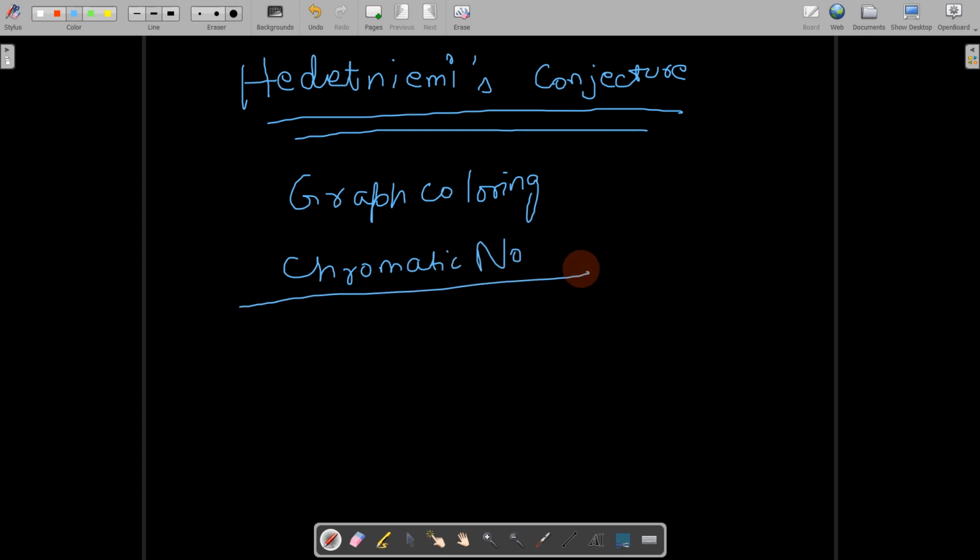Before going further into what Hedetniemi's conjecture is in mathematical terms, we will first look into a real world analogy that explains what it is in real life and then look at it mathematically.